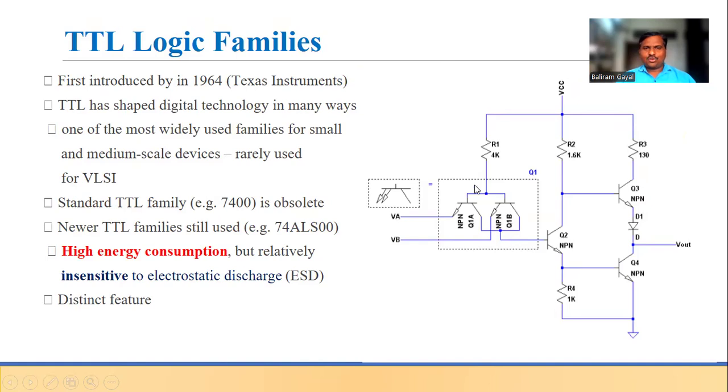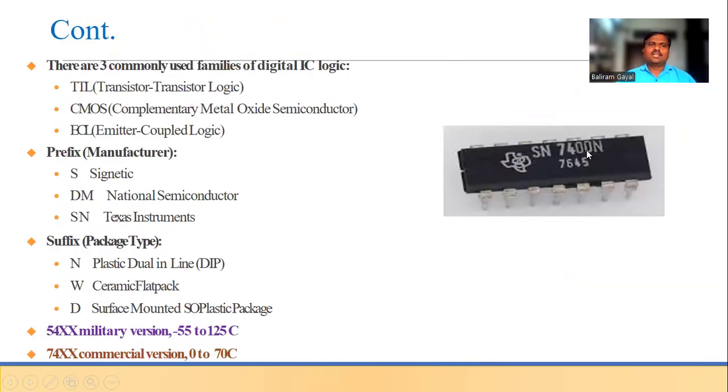In this diagram is shown the internal structure of the TTL logic family, having transistors, diodes and resistances. Now, there are three commonly used families of digital ICs, as we discussed: TTL, CMOS, and ECL.